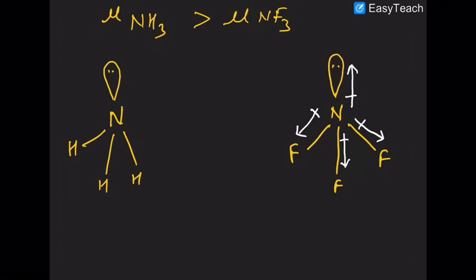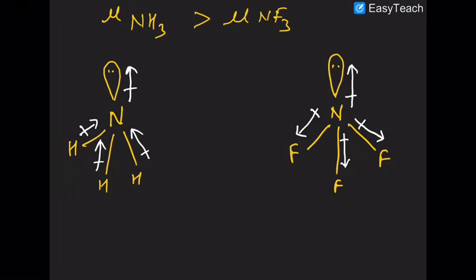But in case of ammonia, the bond moment is from hydrogen to nitrogen, because nitrogen being more electronegative, the electron pair of the bond is closer to nitrogen, and it adds to the moment that is moving towards the lone pair.